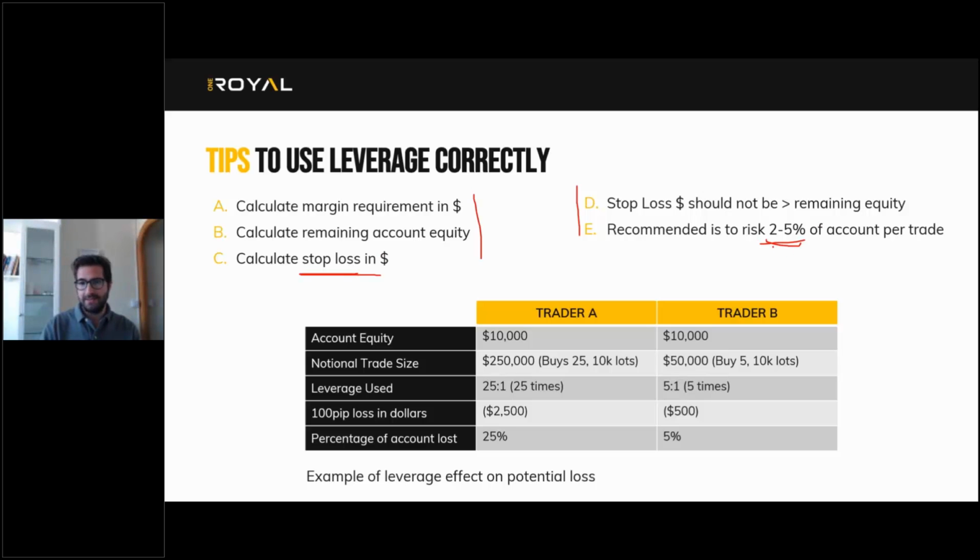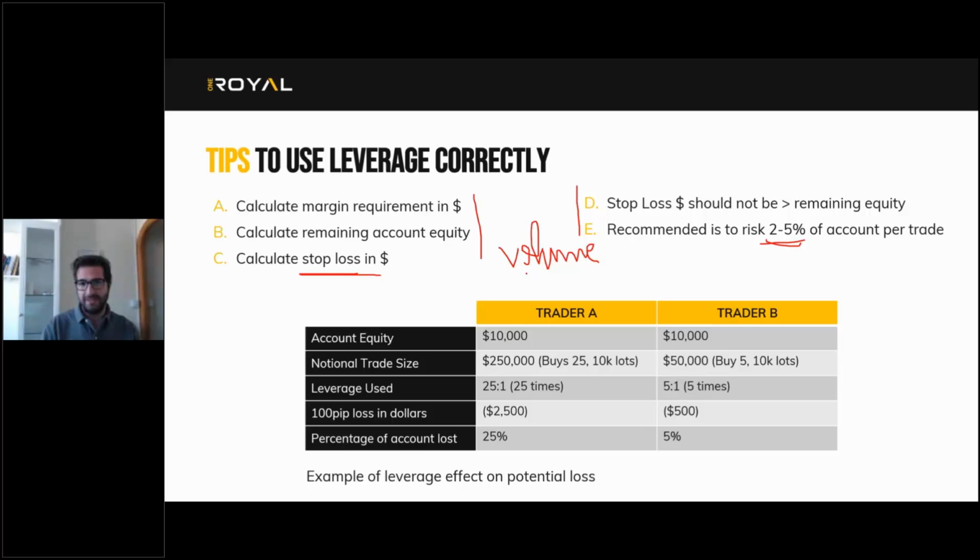You can also enter how much you are willing to risk as a percentage or in dollars, and you put the pair that you would like to trade, and then the calculator automatically gives you the position size. The position size is the volume on MT4, so you know how much you need to open as a position on your MetaTrader 4: 1 lot, 2 lots, 3 lots, it depends.